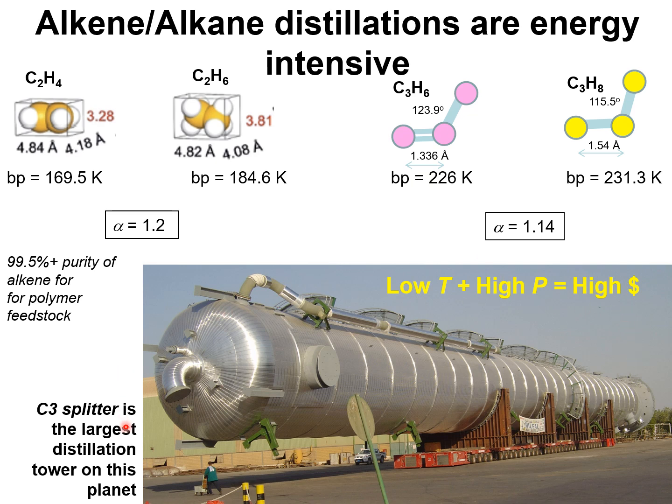This is a picture of a distillation column. Typically, the distillation column for separation of propene from propane is called in industry the C3 splitter. Such distillation columns are amongst the largest distillation towers on this planet.